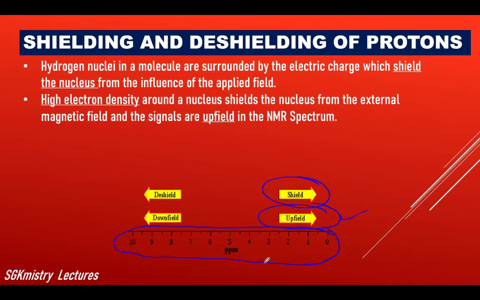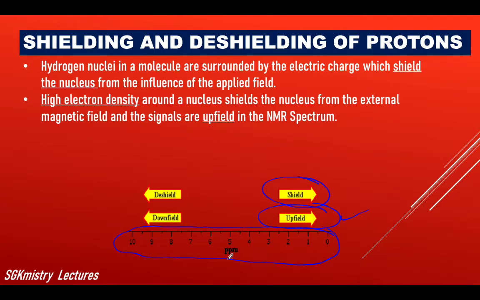This lower region is referred to as the upfield region. Again, these lower and higher regions, with respect to the numbers, are specifically called chemical shift. About this I will be explaining a bit later.